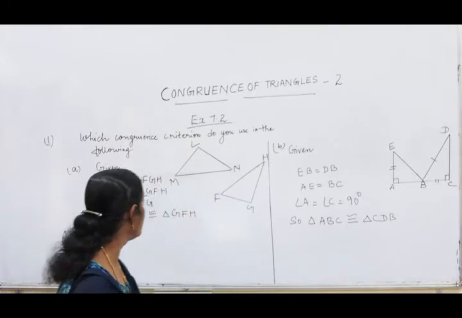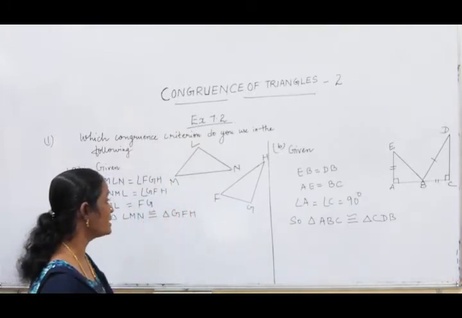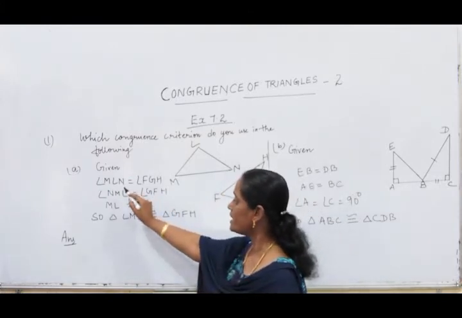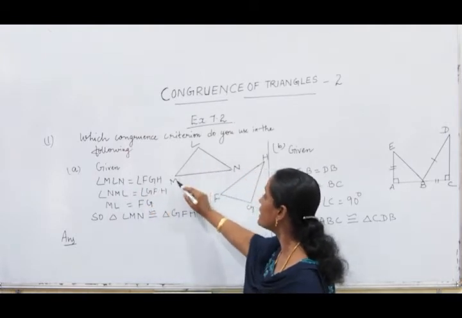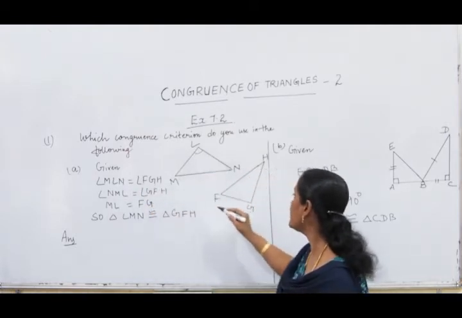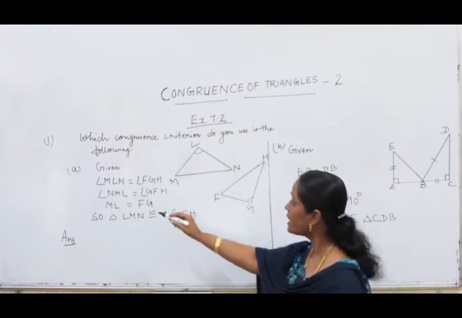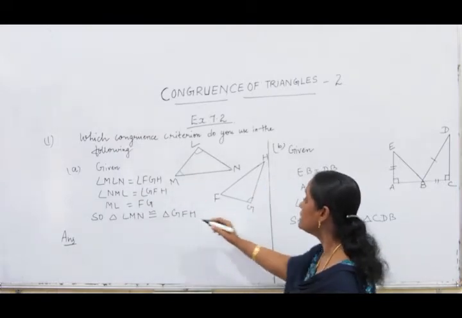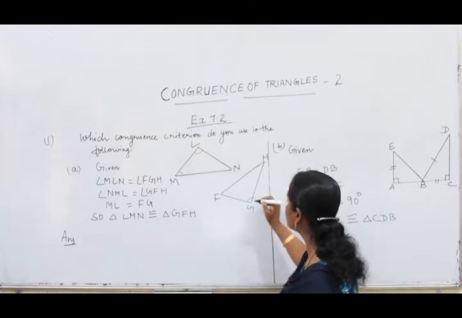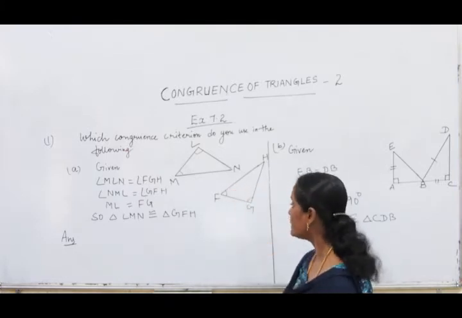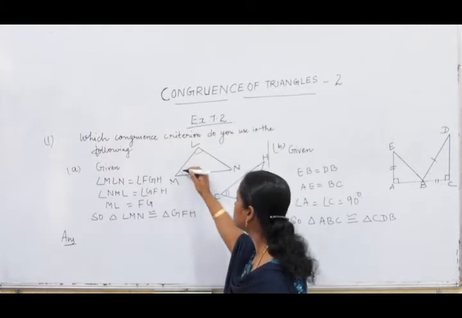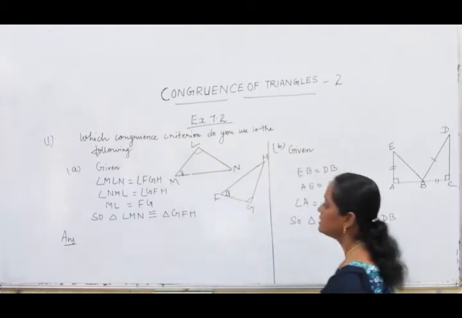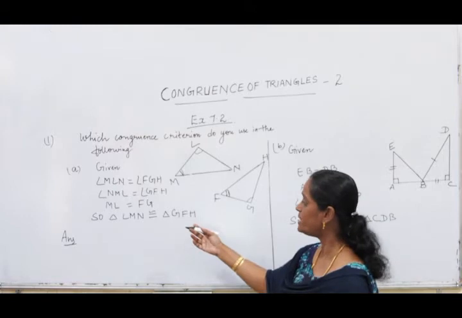Here the next question. Two triangles are given, LMN and FGH. Here angle MLN is equal to angle FGH. This angle MLN is equal to angle FGH, this one. And next, angle NML, this angle, is equal to angle GFH, this one. Next ML is equal to FG.